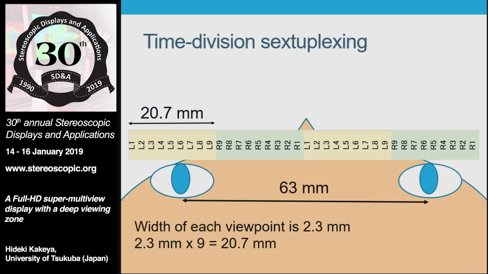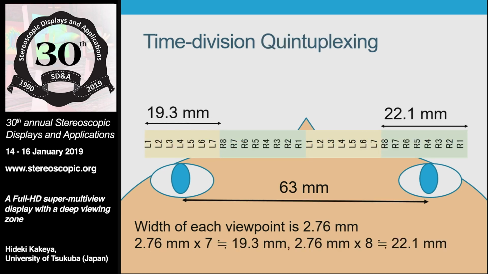When we applied time division sextuplexing, this is the same figure we showed previously. When the viewer is farther from the screen, the viewing zone for each view is wider.